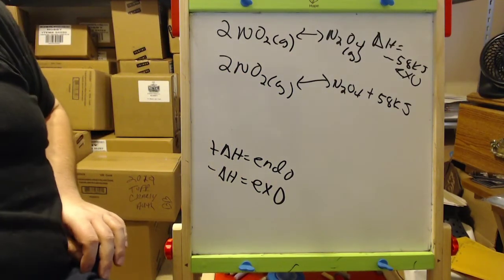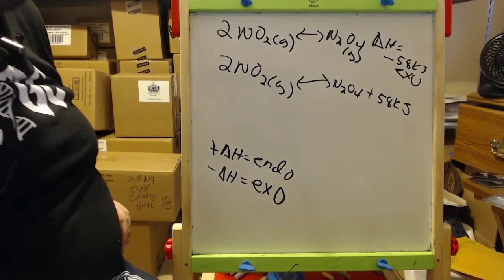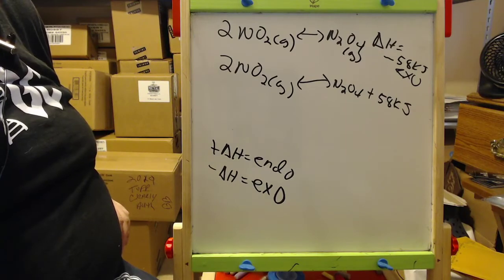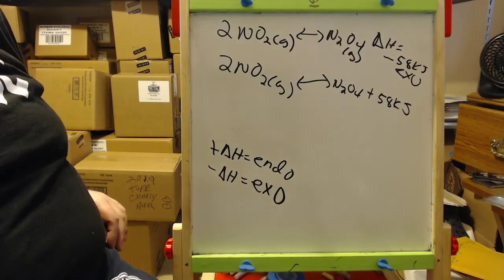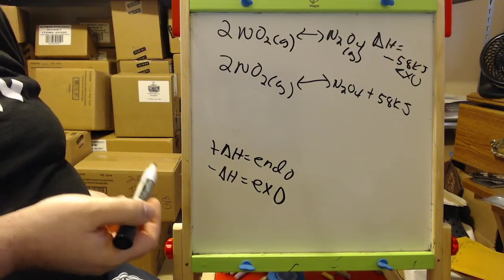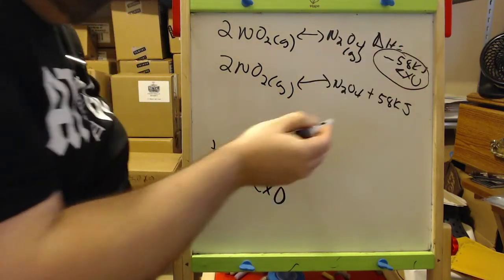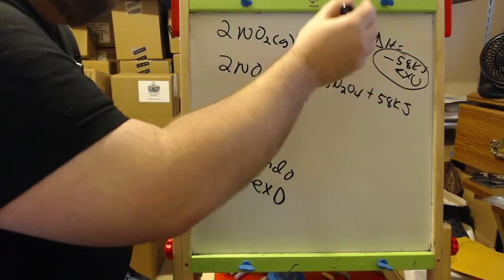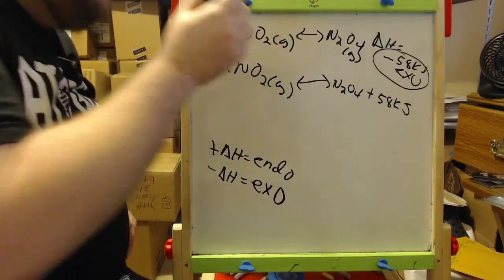On an exam, maybe 2 weeks from today, 2 weeks Thursday would be your next exam, if you're given a delta H, look at it. If it's negative, it gets added to the products. If it's positive, it gets added to the reactants.